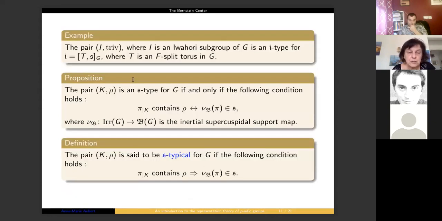First, an example. If you take for K just an Iwahori subgroup of G, and for rho the trivial representation.